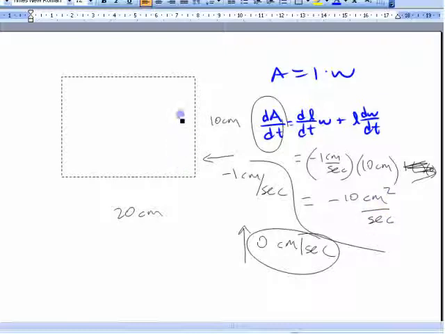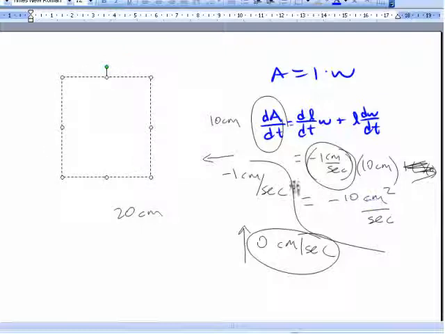Now, in this situation, this dimension doesn't change, so we can look at what happens all the time here. I'm making the length smaller at 1 centimeter per second. Every second I'm losing 10 centimeters of area. That's what you're saying, right?